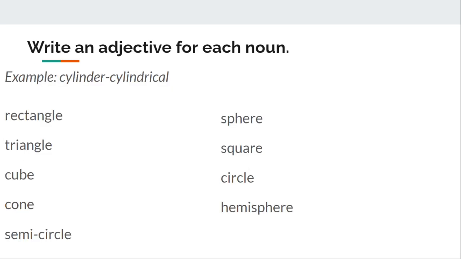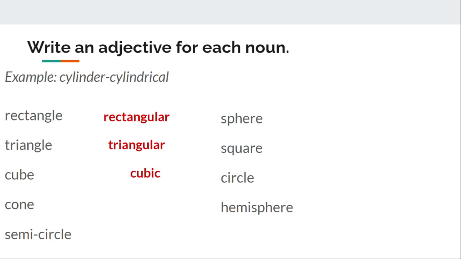Write an adjective for each noun. For example, cylinder, the adjective is cylindrical. So the noun rectangle, the adjective is rectangular. Triangle, the adjective is triangular. Cube, the adjective is cubic.